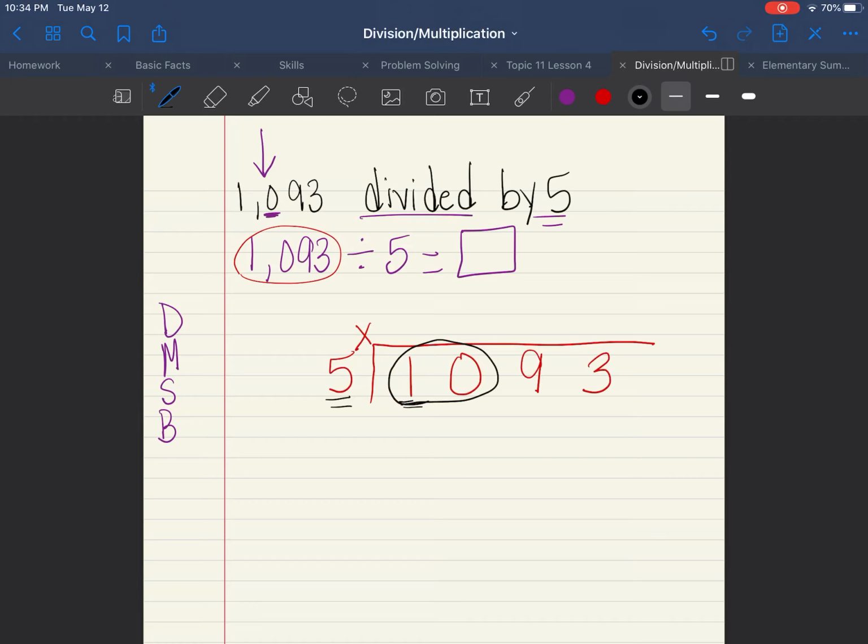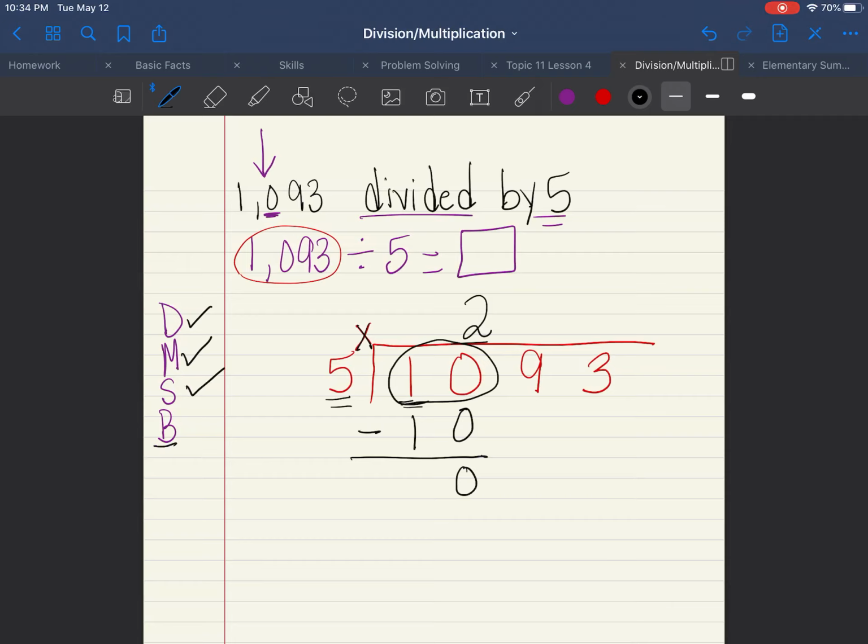We're going to divide first. So how many times can the 5 go inside the 1? Actually, we cannot. So I am going to regroup. So now I have 10. Can the 5 go inside the 10? Actually, yes. 2 times. Notice that I'm putting the 2 on top of the 0 and not the 1.